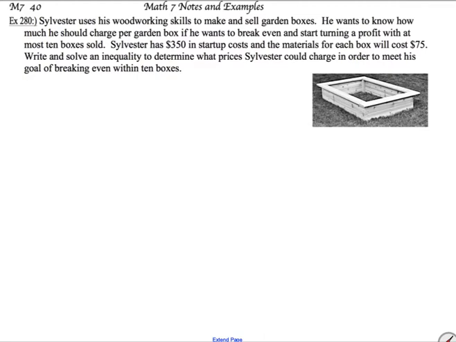Okay. We need to determine what price Sylvester could charge. Just use P to equal the price of a garden box. Okay. We've defined our price. Now, in order for him to break even or start turning a profit, what he has sold needs to be more money than the cost.